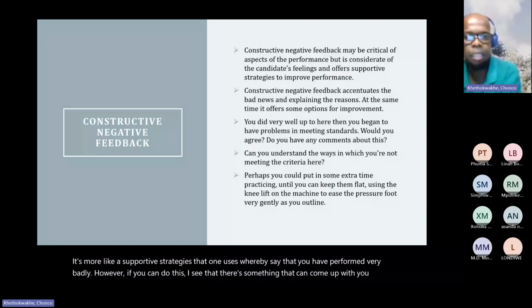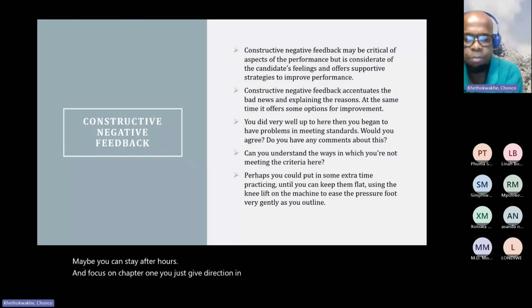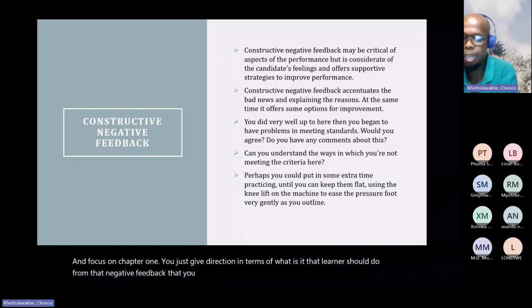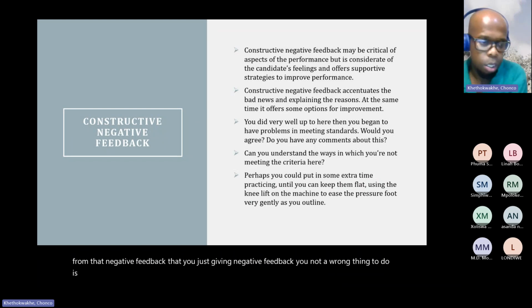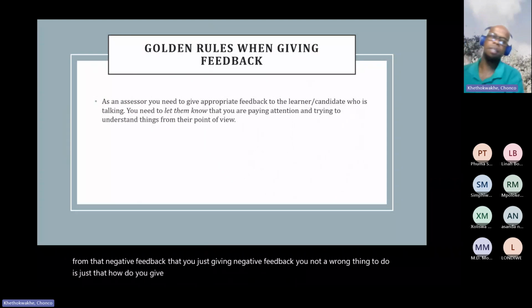Maybe if you can focus on chapter 1, you just give direction in terms of what the learner should do from that negative feedback that you just gave. Because giving negative feedback is not a wrong thing to do. It's just how do you give that negative feedback to your learner?